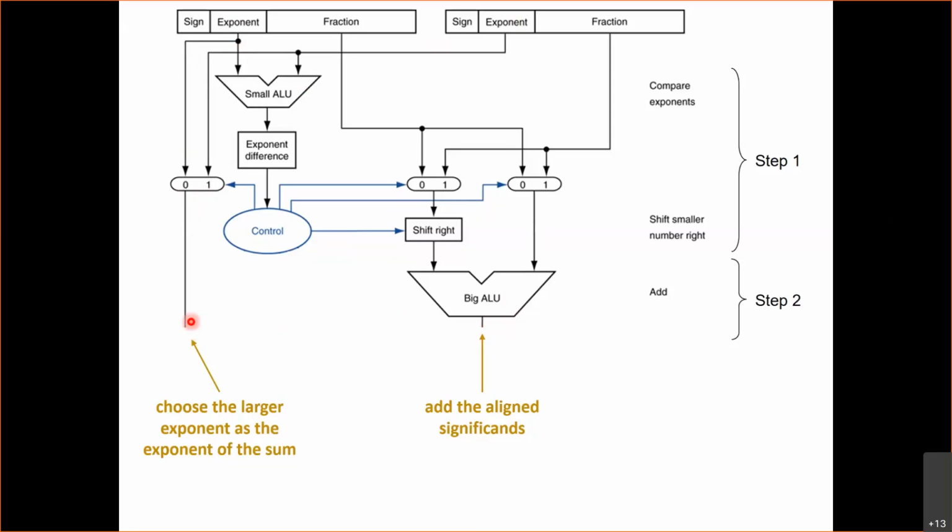What's my next step after adding? So I align, then I add, then what? Normalize, exactly. So what do I do to normalize? What did I do when I normalized? I took the significand and I shifted it. What did I do with the exponent?